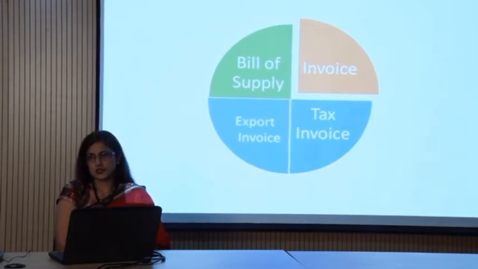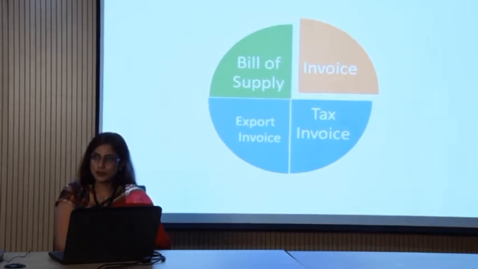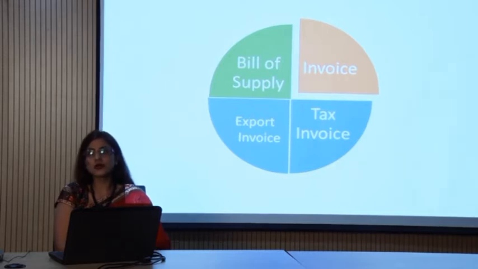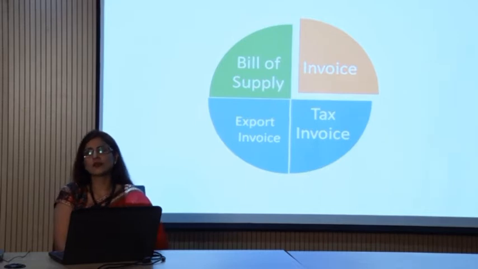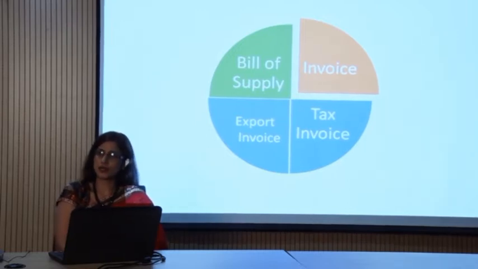There is another situation in which the bill of supply is issued: if you are supplying some exempted goods, because it is exempted, no tax is applicable. If there is no tax, there is no question of a tax invoice. But there should be a document showing that there is a supply, and the name of that document will be bill of supply. So this is the technical or legal meaning of bill of supply.